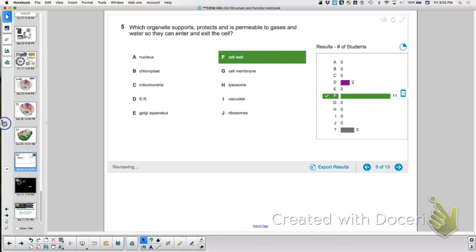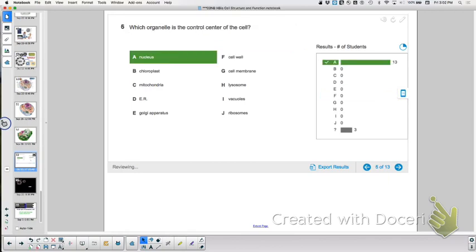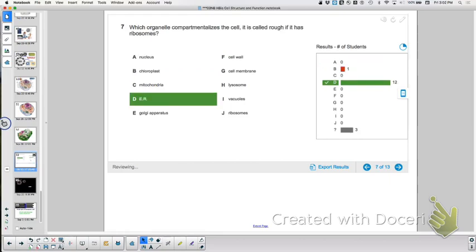Number 4, everybody got it? Lysosome is the stomach. Number 5, permeable to gases, supports, protects. That's your cell wall, not a chloroplast. Number 6, control center is the nucleus. 7, ER, almost everybody got that.